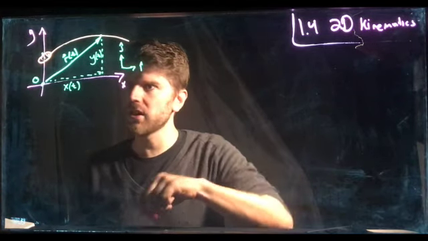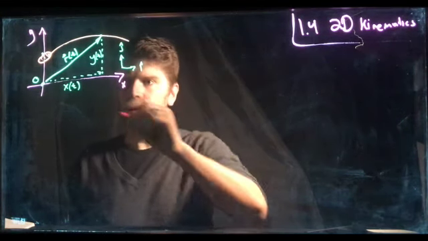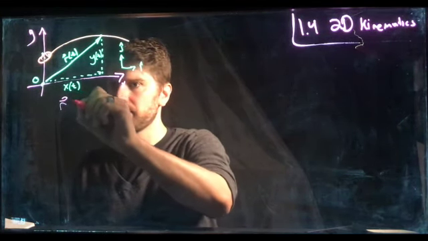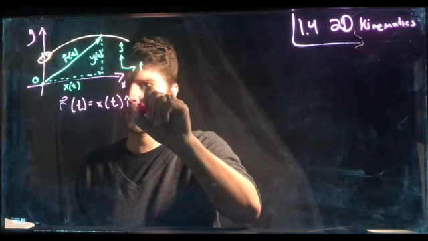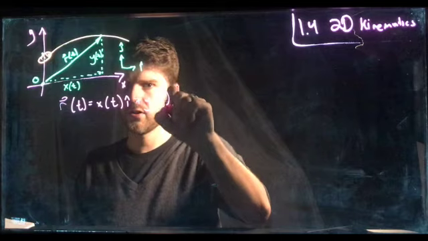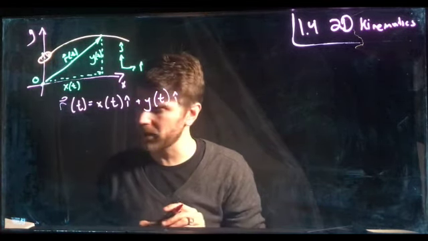And we can remind ourselves then that we can write this equation here as r of t equals x of t i hat plus y of t j hat. And this might not seem that big a deal, and we're actually rarely going to write it this way in class.